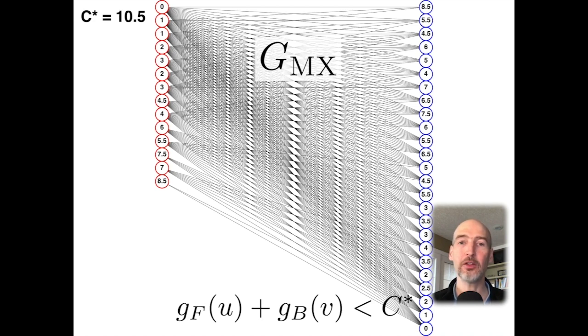Every search algorithm that we've been using has essentially been building a GMX graph and coming up with a vertex cover, not necessarily the minimum one, but a vertex cover that covers all the nodes that are necessarily expanded.